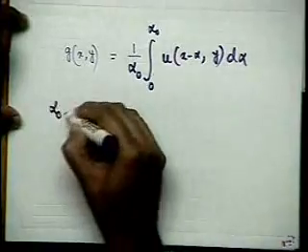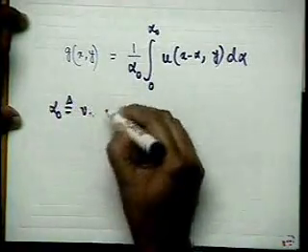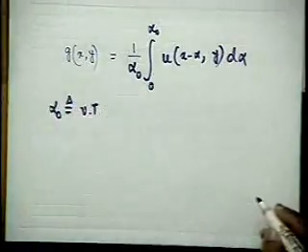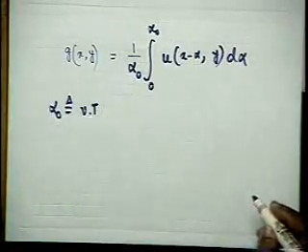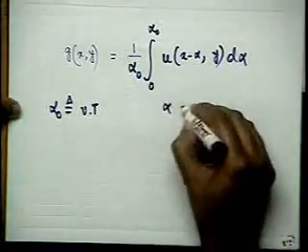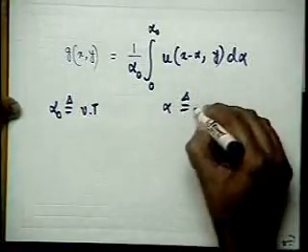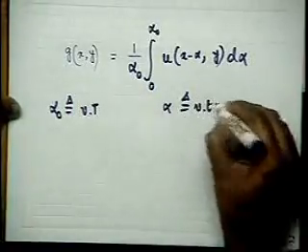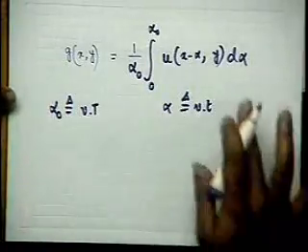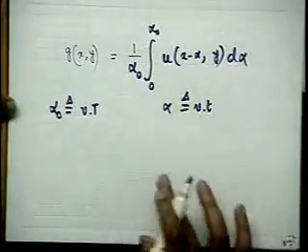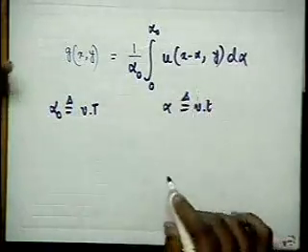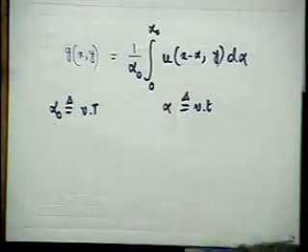Alpha 0 was by definition equal to v into capital T, where capital T was the time of exposure, and alpha by definition was equal to v into small t, okay. So now what we did was that we had gone over to 2 dimensions, so that apart from integrating with respect to d alpha, we wanted to integrate with respect to d beta also, okay.